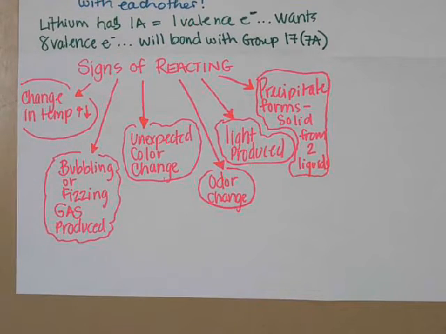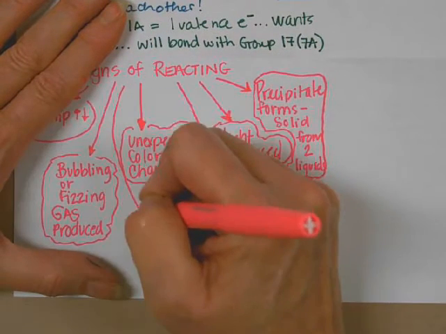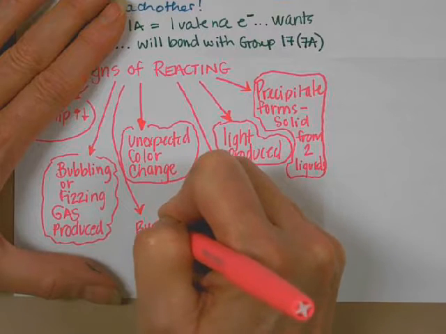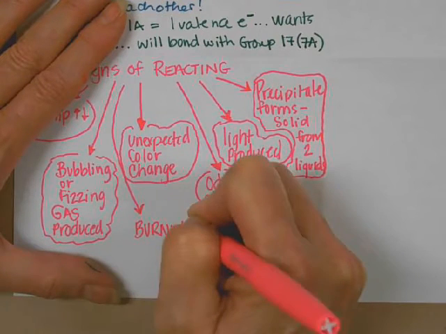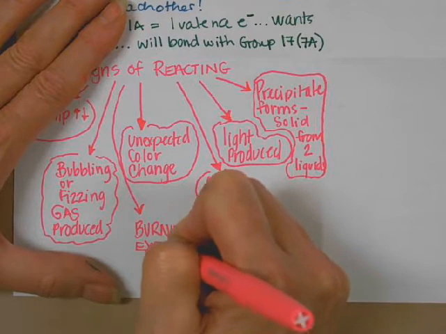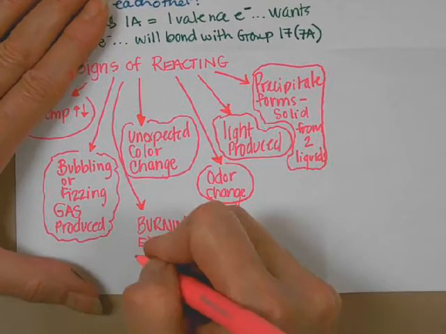Let's see. I think we got them all. Did we get them all? Anytime you have, and I guess we could add this to it, let's add another one: burning, exploding, and oxidizing. Do y'all remember oxidizing?